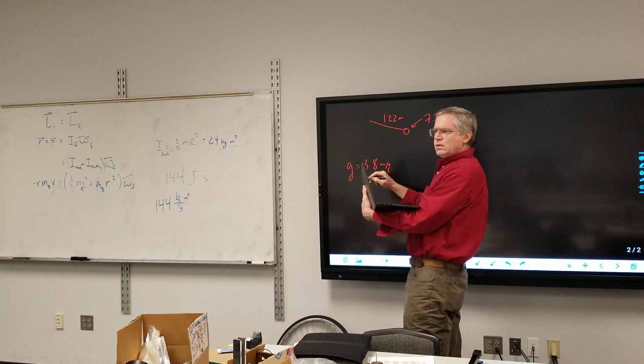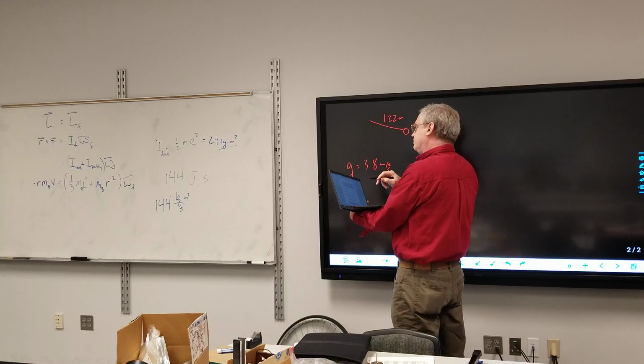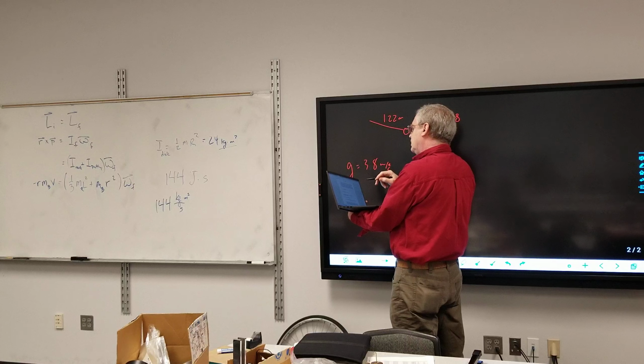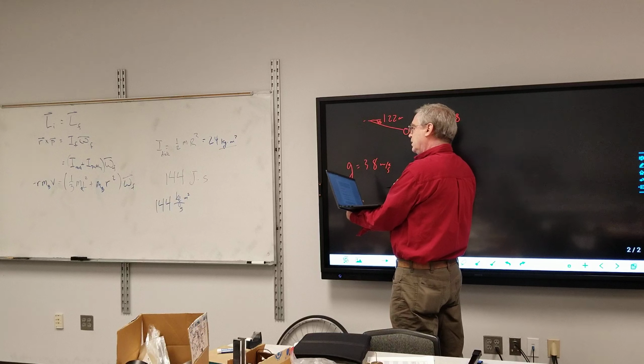It says it at the top with all the information, I don't remember. Theta is the angle between the horizontal, so that's theta there. And equations of motion, radius of the circular path.